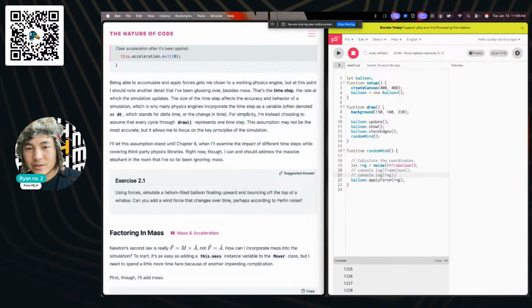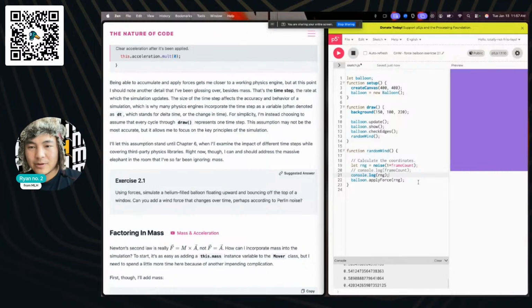Okay, so you may have noticed that when we were running our RNG, even though these numbers are changing, our ball just keeps getting faster and faster and faster. I suspect that's because we're not actually properly resetting our acceleration after each frame, because otherwise we're never going to decelerate.